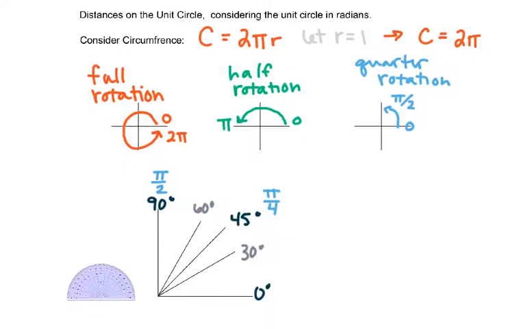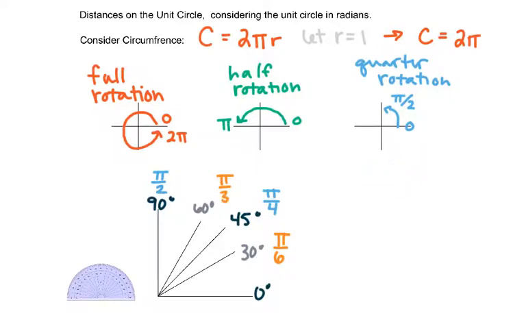So 1/3 of 90, or 1/3 of pi over 2, is going to give me pi over 6. And similarly, 60 is 2/3 of 90. So 2/3 of pi over 2 gives me pi over 3.